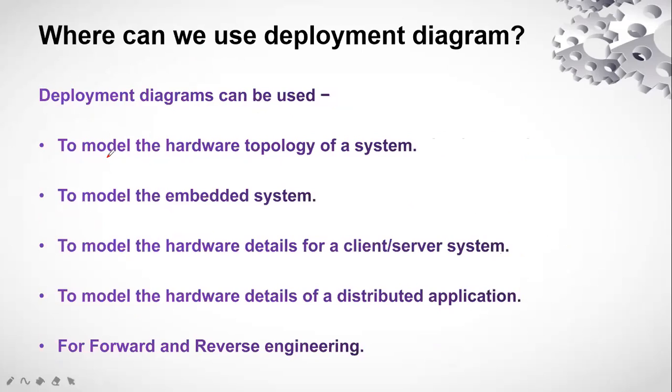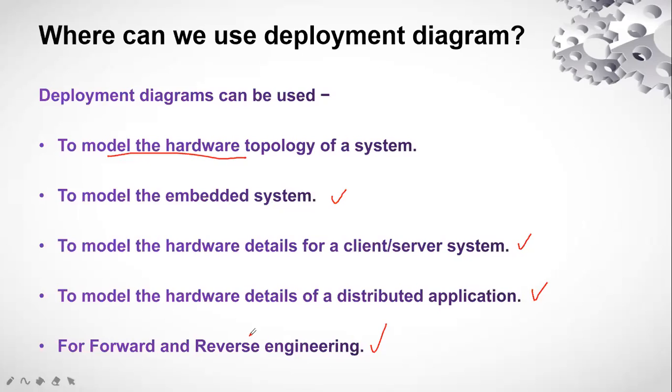A deployment diagram can be used whenever we want to model the hardware topology of a system. So if you want to define or model the hardware topology of a system, you can use the deployment diagram. You can also use it to model embedded systems. You can also use it to give the hardware details of distributed applications and client-server systems, and whenever you are doing forward and reverse engineering, as I told you that you can define it as the architecture for a particular system.